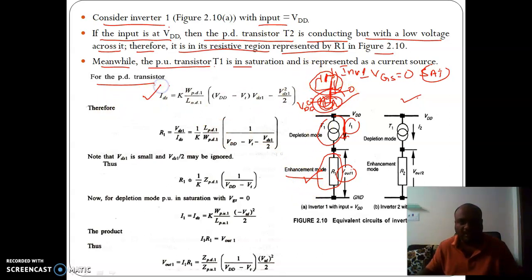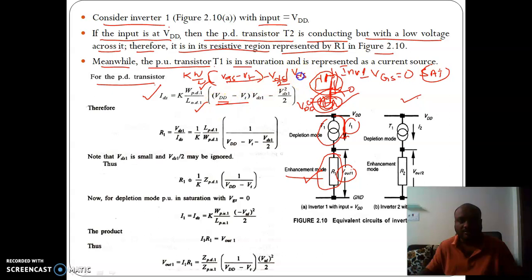Now for the pull down transistor, IDS is given by, as I mentioned, it is conducting and in the linear region. So this is the equation we know already: K into W by L into (VGS minus VT) into VDS minus VDS squared by 2. For the pull down, W by L changes to WPD1 by LPD1. VGS is VDD, as we have considered.